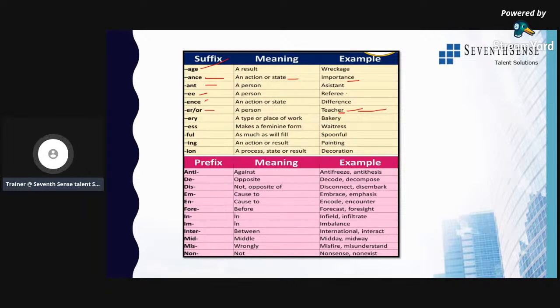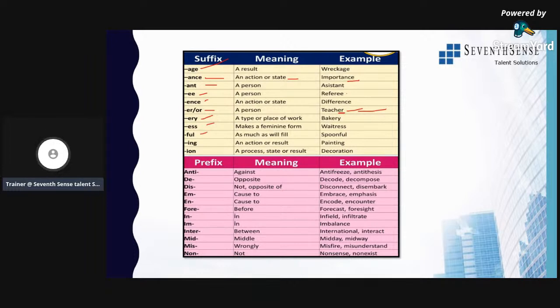Based on that you have to analyze the given word. Try to remember most of the root words first, and then go to the prefix and then the suffix part. -ery, like bakery, is a type or place of work. -ess makes a feminine, like waitress.